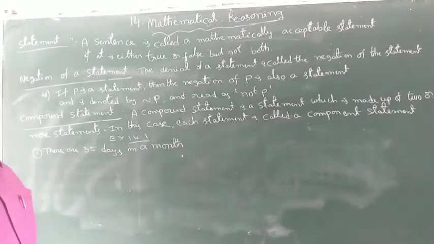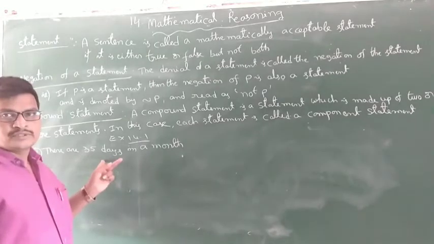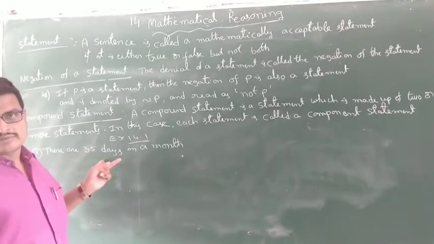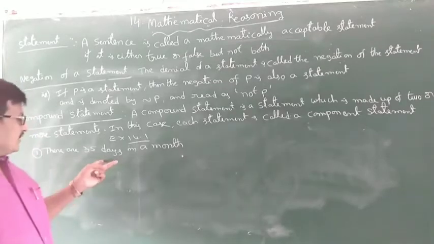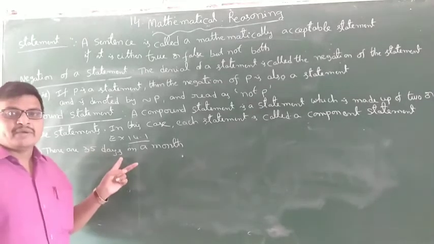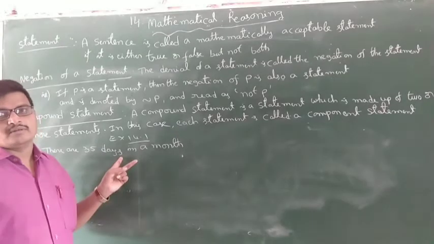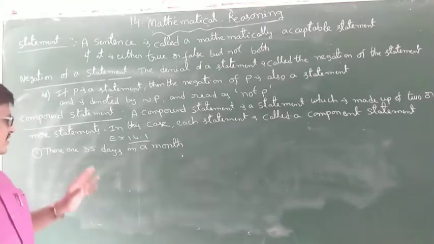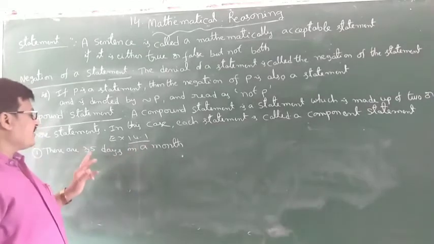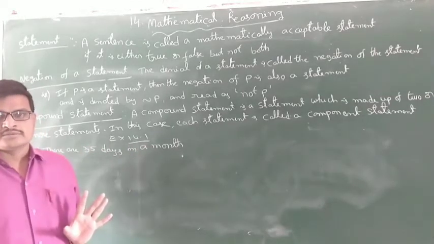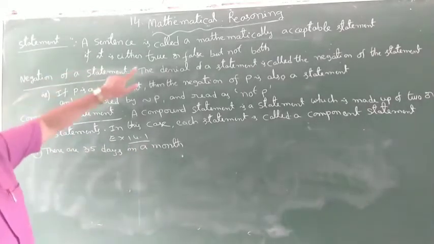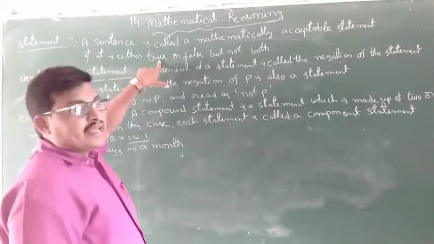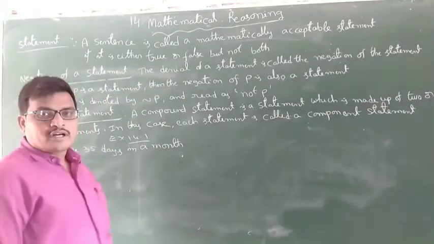Okay, this is a statement, a false statement. First of all, it is a statement; after that, we check whether it is true or false. This is a statement because it is mathematically acceptable. The claim that a month has 35 days is wrong, but it is mathematically acceptable, either true or false, but not both.